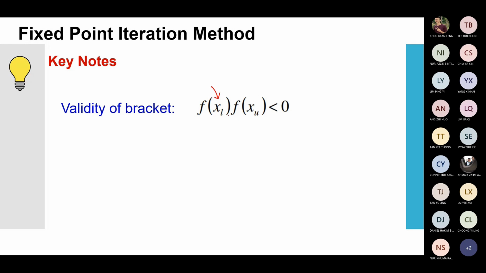The lower boundary is XL, and the upper boundary is XU. When you substitute the lower value and the upper value into the function, the product has to be less than 0. Then it is valid. Otherwise, if it is greater than 0, that means the algorithm has failed, and you have to adopt another numerical method in order to determine the root value. Make sure it must be less than 0. This is an initial condition.